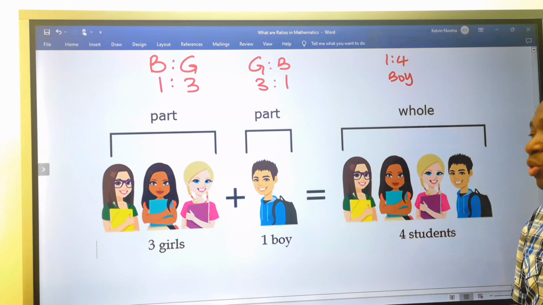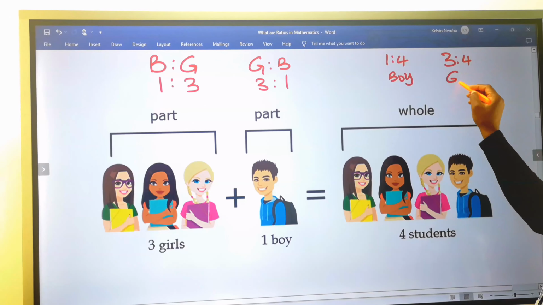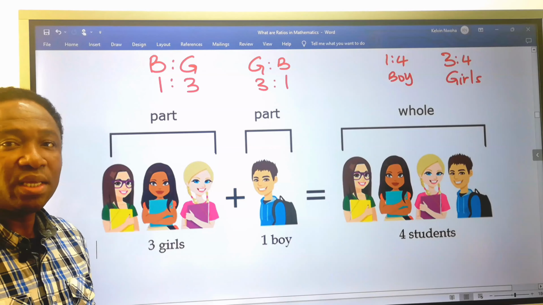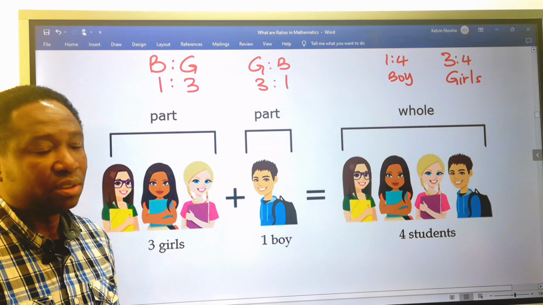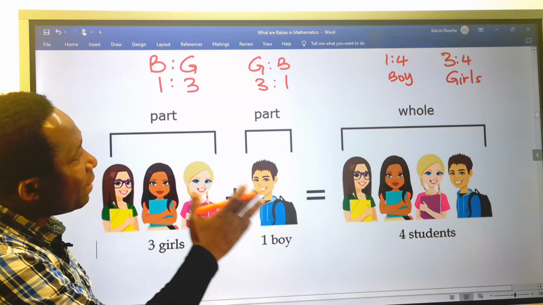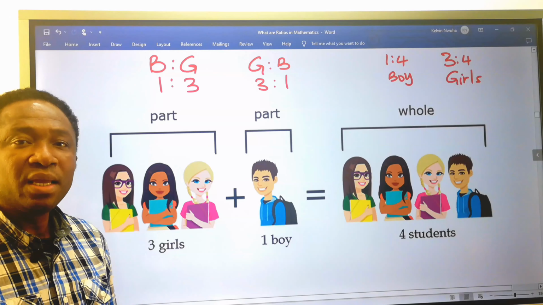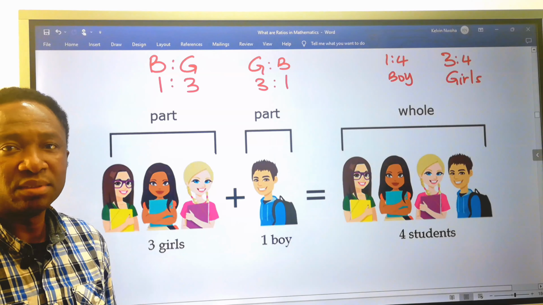But if I'm going to consider the girls in this class, then I will have 3 to 4, which is for the girls. You will see when we begin to take some exam questions, the concept of this part to part and part to whole will be the basic principles behind solving the problems.